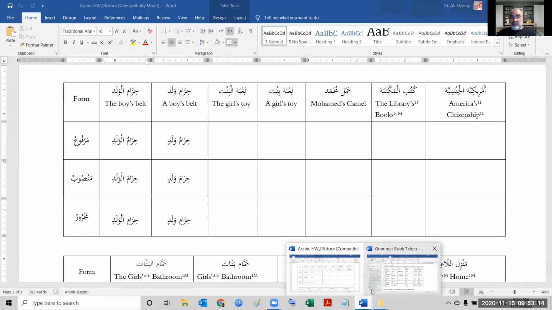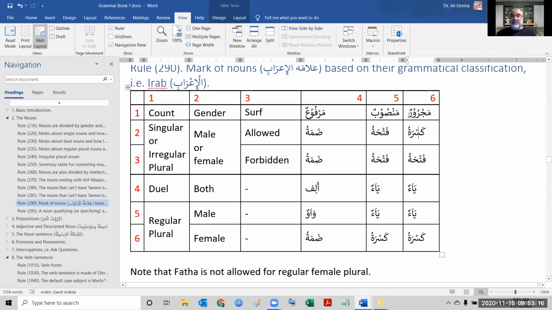Otherwise, if we go back and look at the table here, majroor with sarf allowed is kasra. With sarf not allowed, it's fatha. So kasra, majroor, kasra, fatha.